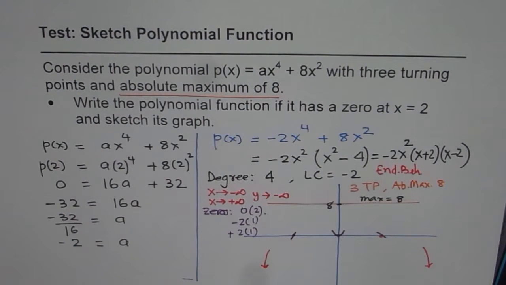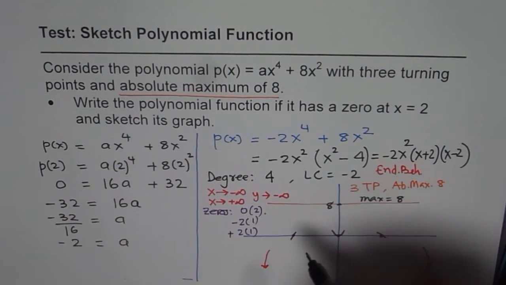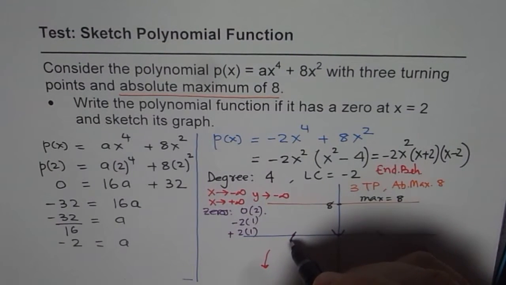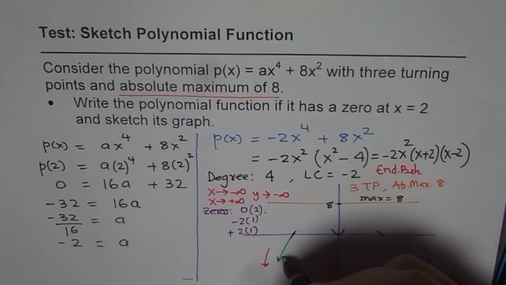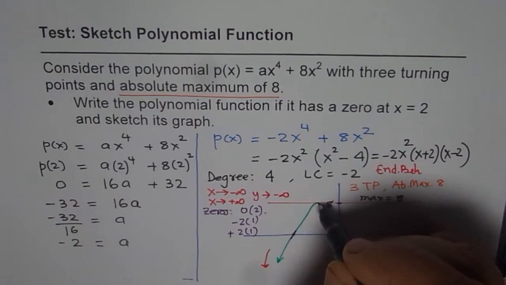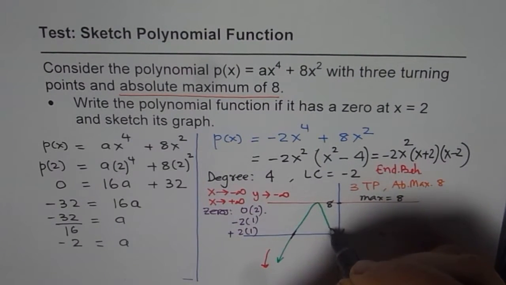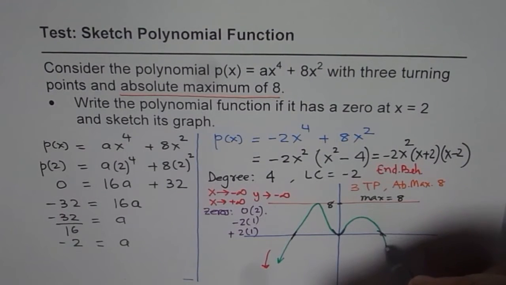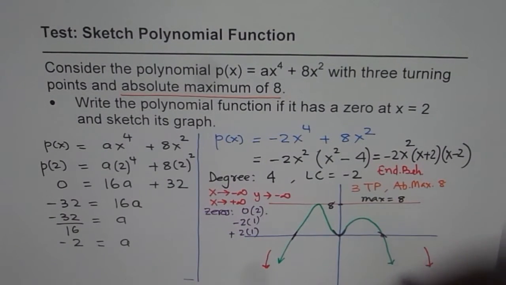So now let us sketch the graph. So we need to get to the maximum of 8. So it's a good idea to touch that value and then turn. Do you see that? Turn and then turn from 0, and then you can go like a linear 0 and cross the line.